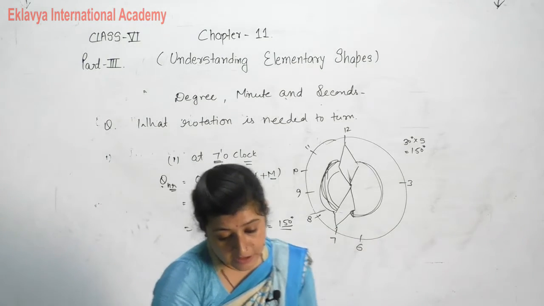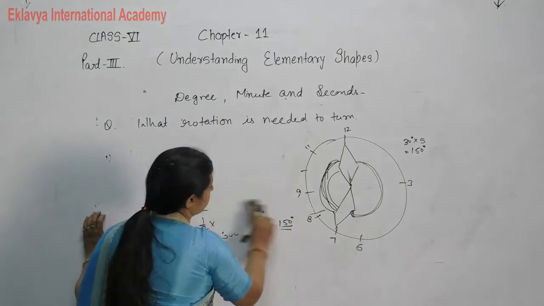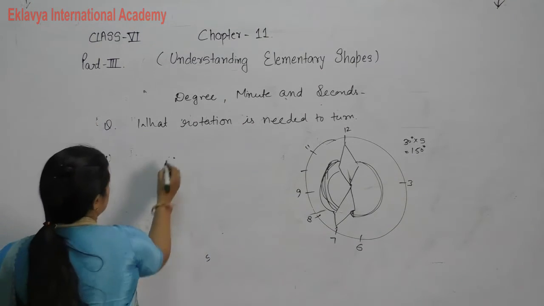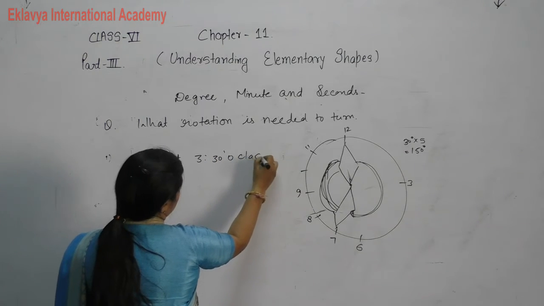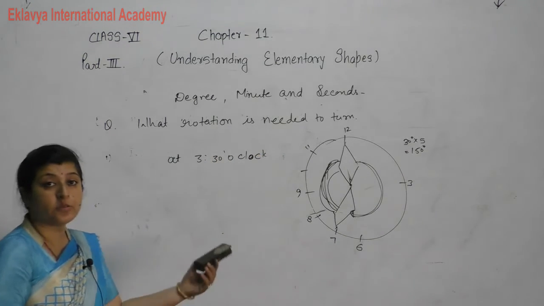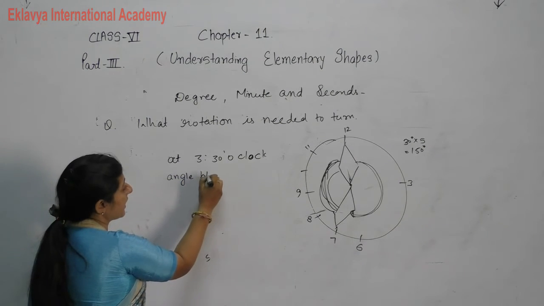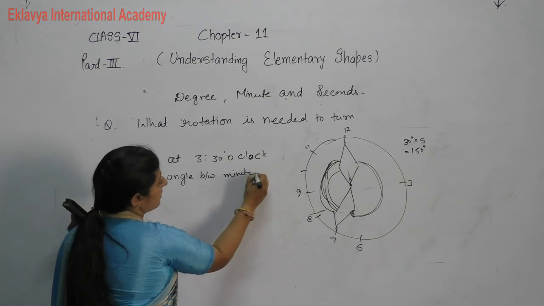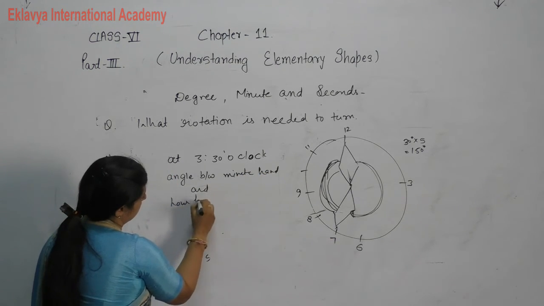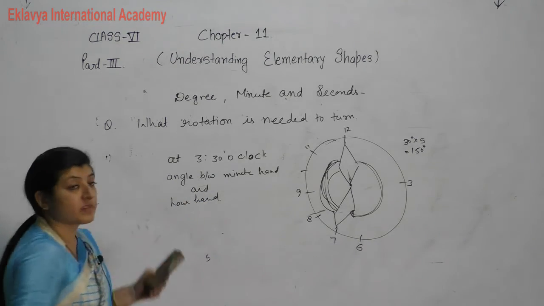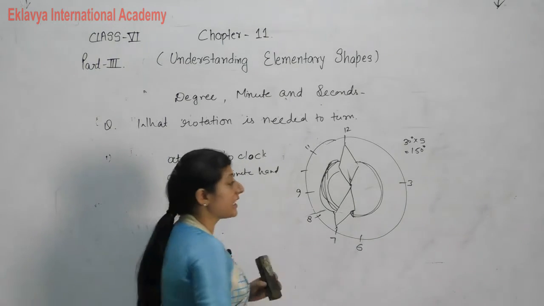Now the second is given to you, 3:30 o'clock. At 3:30 o'clock, try to use the angle between the minute hand and the hour hand. We want to find out the angle between the minute hand and the hour hand. If we are taking directly 3 o'clock, 3:30, how?